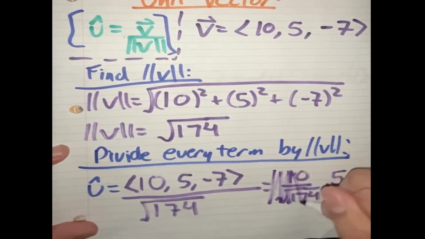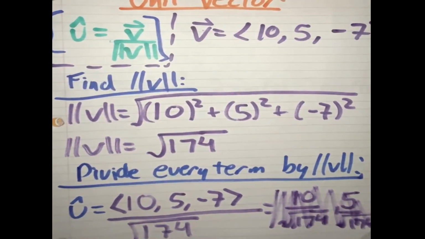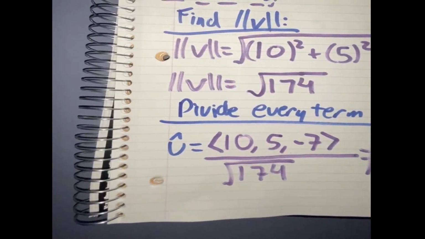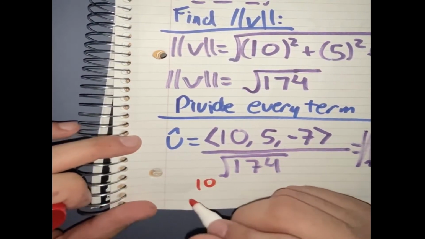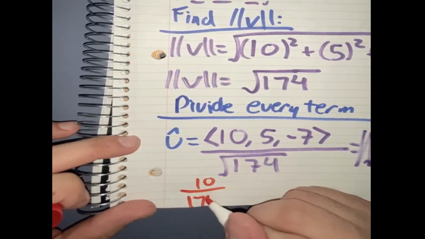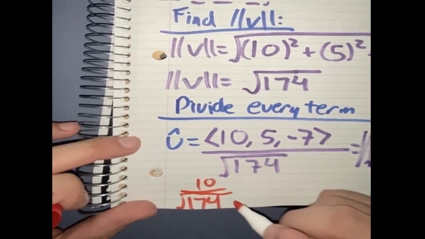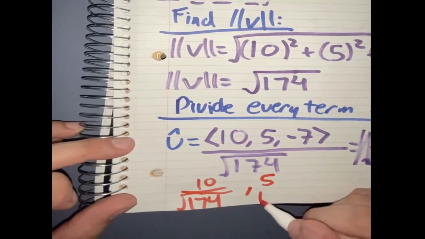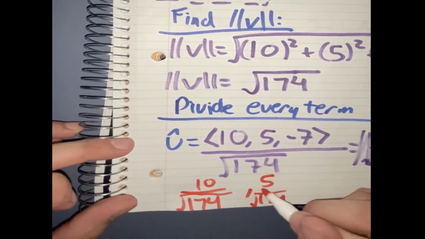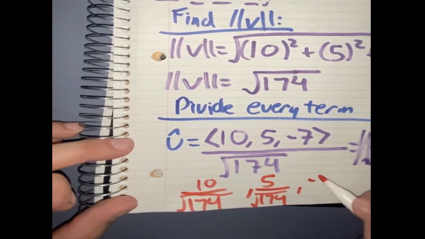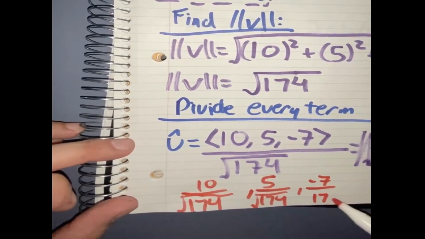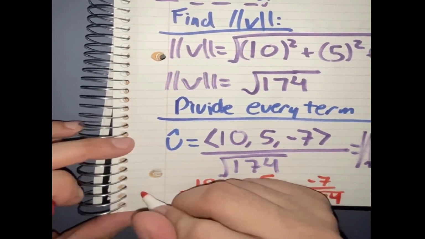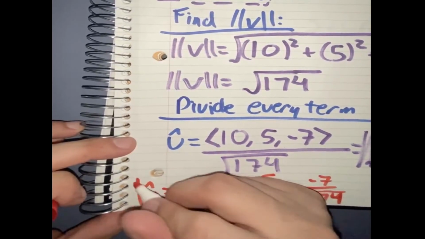I'm running out of room and out of markers, so we'll do it down here. 10 divided by the square root of 174, plus 5 divided by the square root of 174, plus -7 divided by the square root of 174. And that is equal to our unit vector.